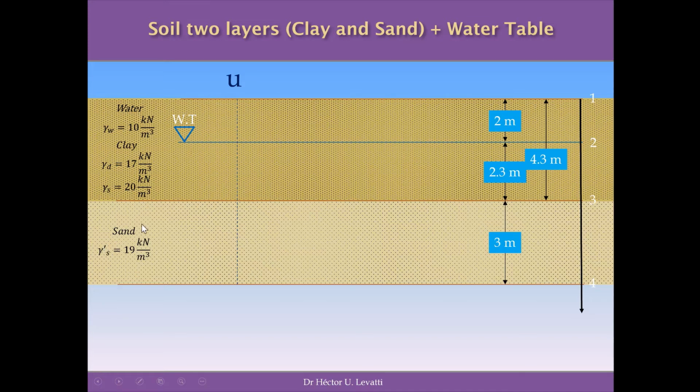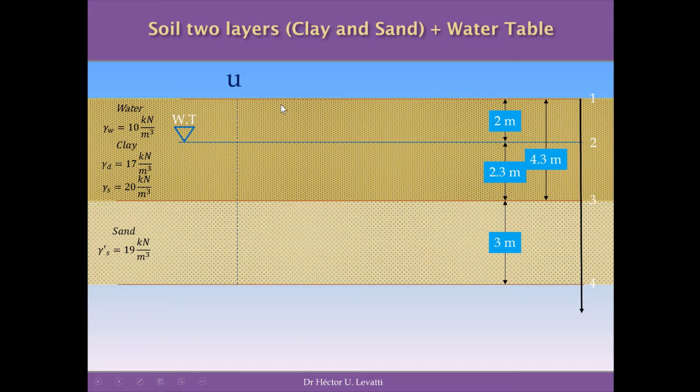In the case of the sand, we are presenting only the saturated specific weight because we have as well a water table, as you can see in the figure, that is located 2 meters from the surface of this soil, and then the sand layer is underwater, so it will remain saturated in our analysis.